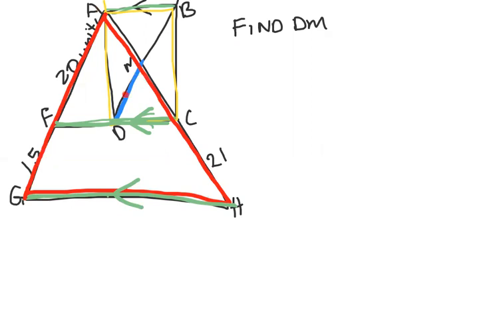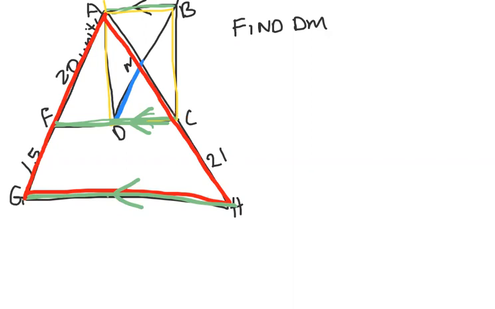Right, so how can we work out DM? DM is this blue part here. We have that is 20, that is 15, that is 21. I'm first going to work out AC using the proportion theorem.